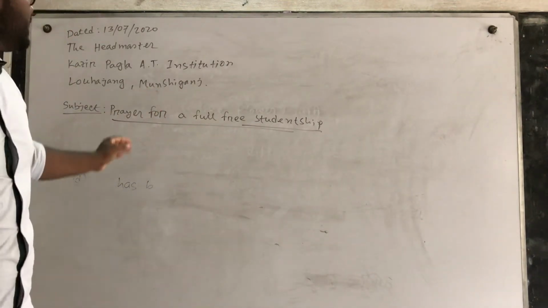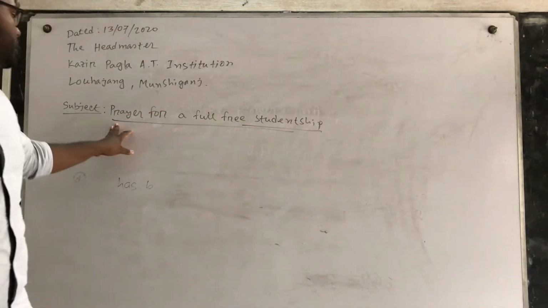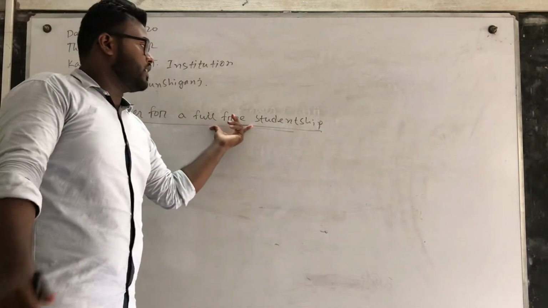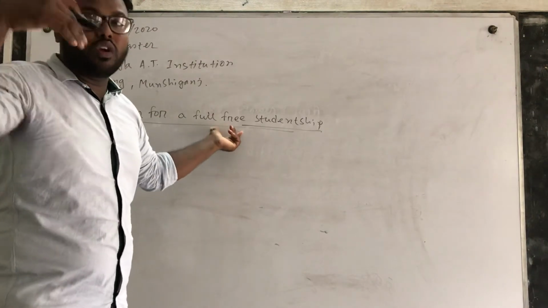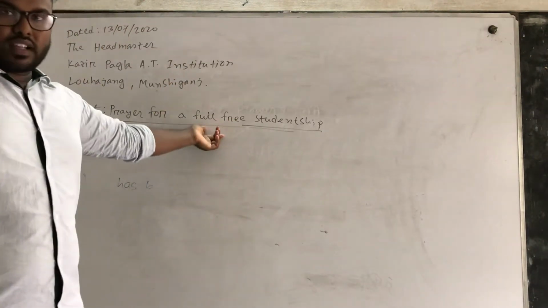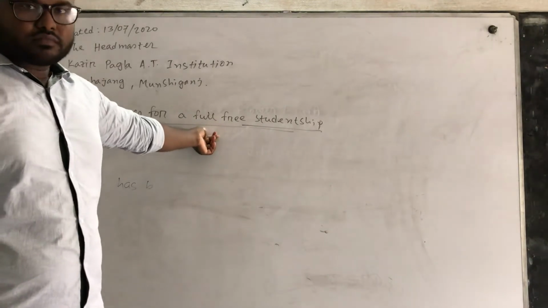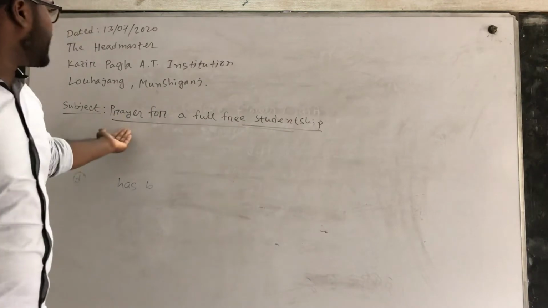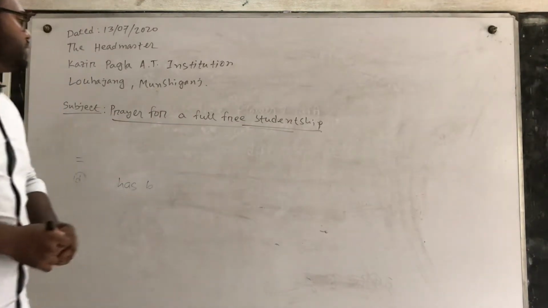But remember that this subject may change, and you should use the subject as directed in your question paper or syllabus. That's why I have written a prayer for a full free studentship.